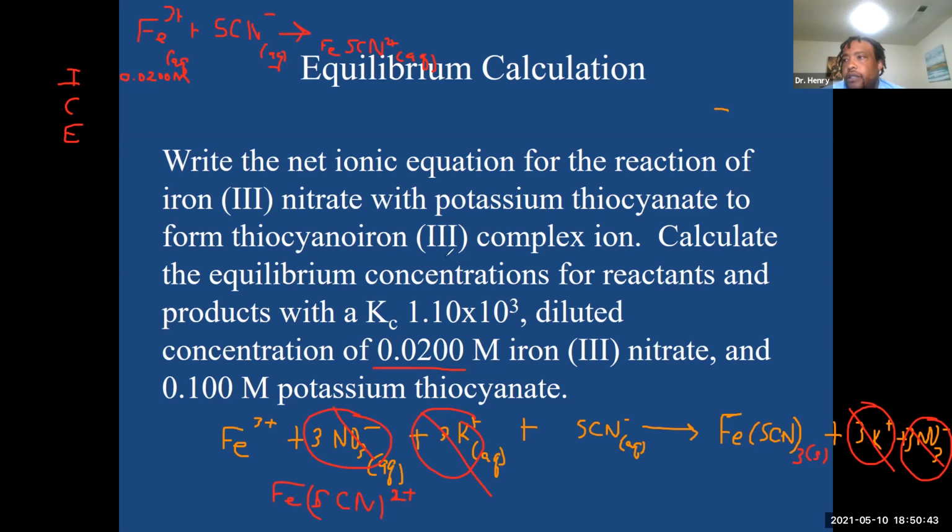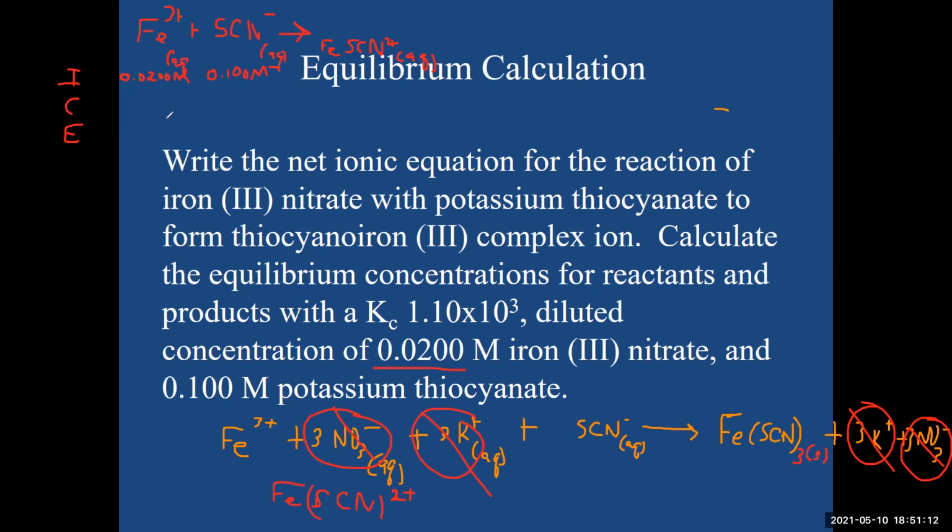Okay, what about the potassium thiocyanate? It's going to just be that 1.00 molar, because in this case, the potassium is going to be a spectator ion. So it's a 1-to-1 ratio with the potassium and the thiocyanate. So that molar concentration is going to be the same. Does that make sense? Yeah. Okay.